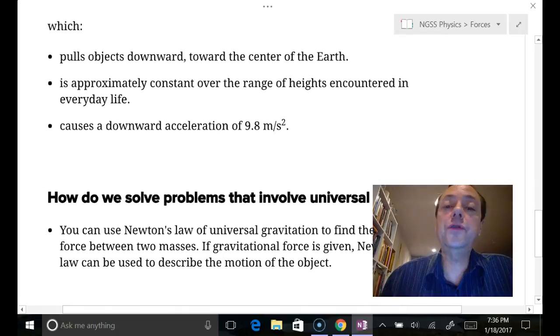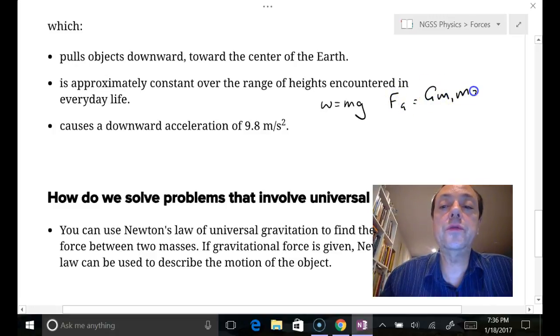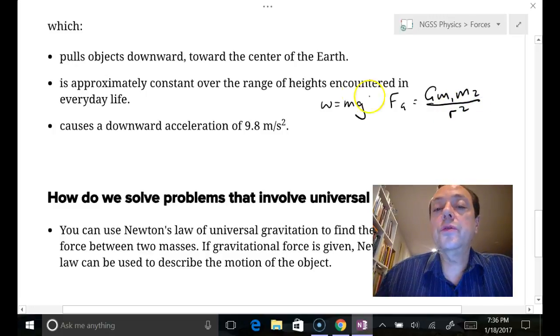So if we wanted to figure this out, we had said previously that weight is mass times gravity, but we also said that gravitational force is G m1 m2 over r squared. So near the Earth's surface, we could actually set these two equal.